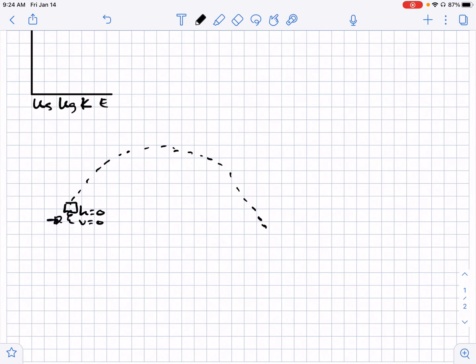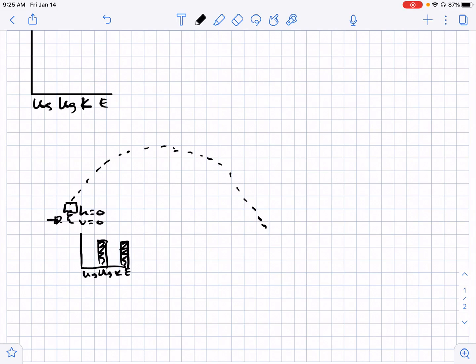So if I made a bar chart at that location before it's launched, and we'll go ahead and track the total energy here, then all the energy in the system is going to be this elastic potential. So these two would be the same, okay, because all the energy is this elastic potential.